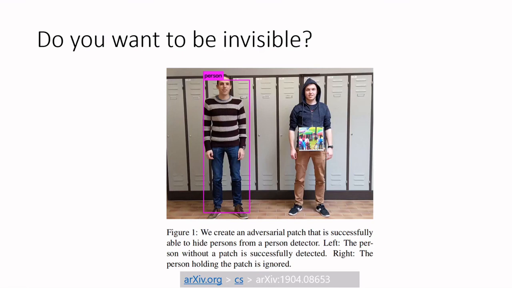The system is not able to recognize the person who is wearing a patch. So the answer for this picture from the system is that this picture contains only one person. That means the person with the patch has become invisible. Again, this is something that could be put to malicious use in certain situations.